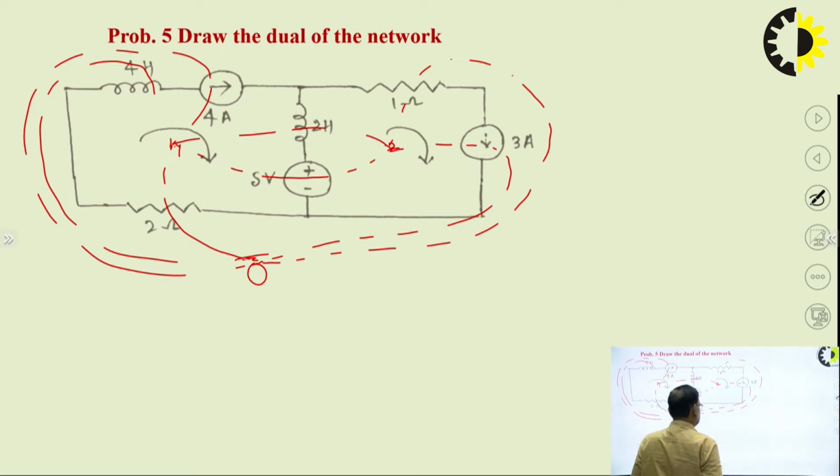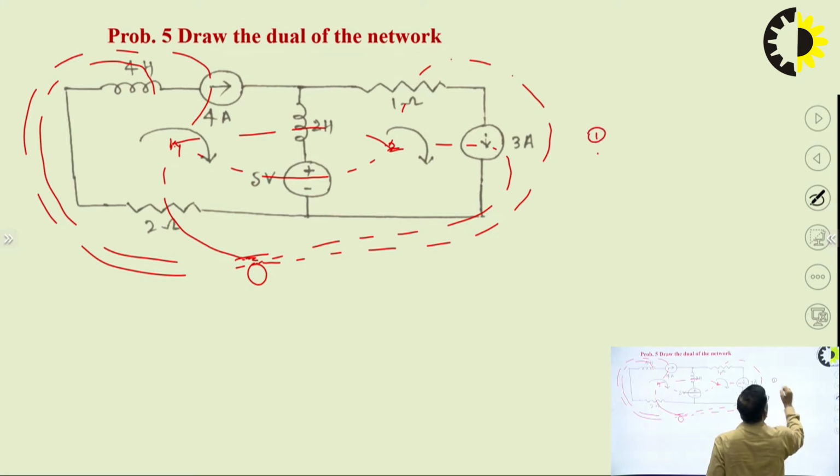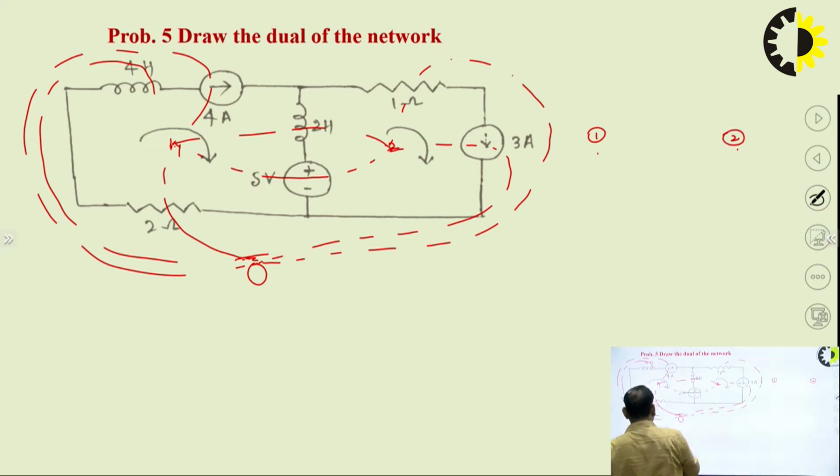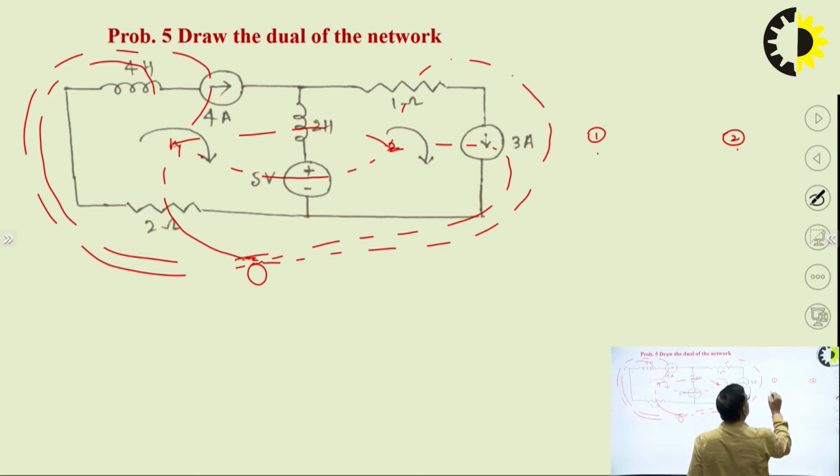Now in the dual network there will be 2 nodes. So this is node 1 and this is node 2. Between 1 and reference node we have the 2 ohm resistor.